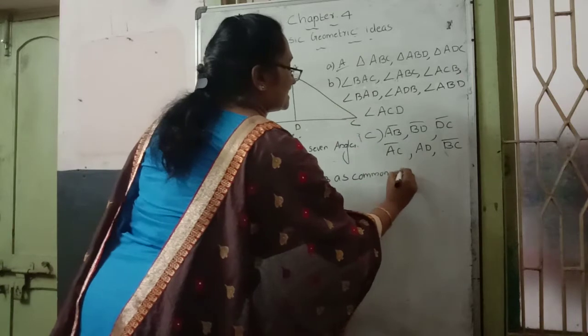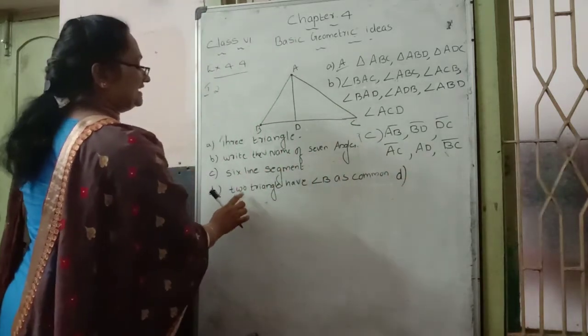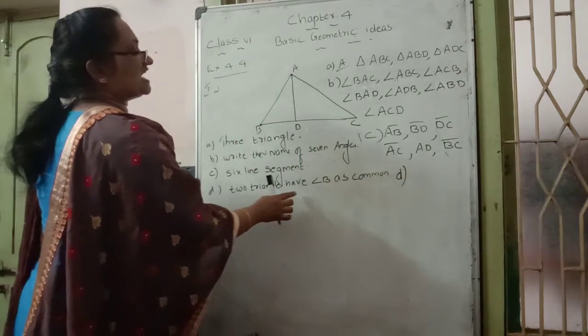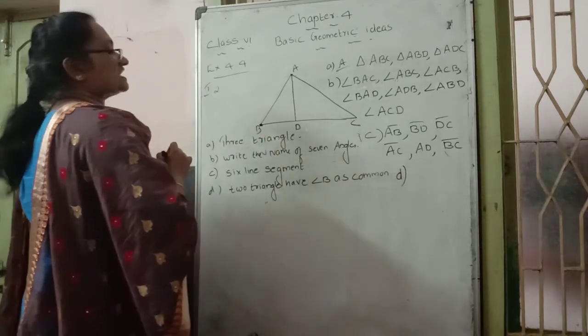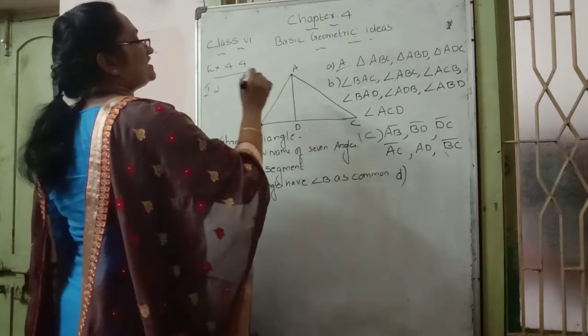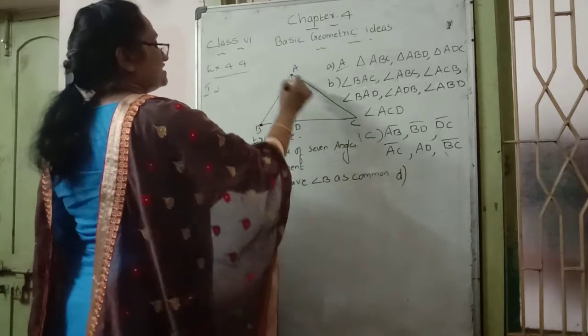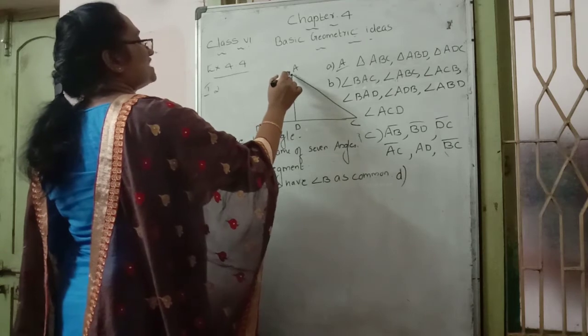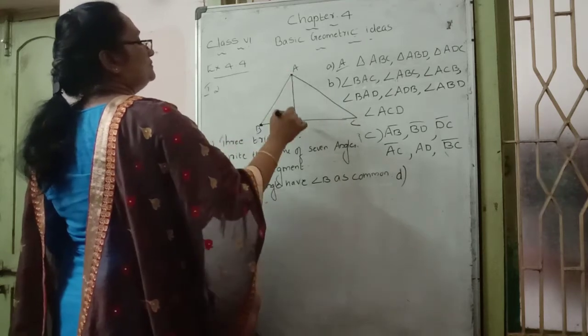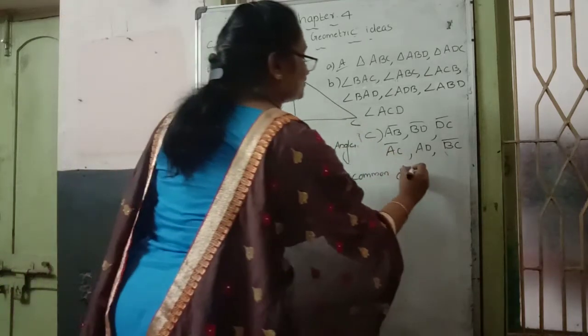Then one more they are asking: write down the two triangles having angle B as common. Write down the two triangle names.